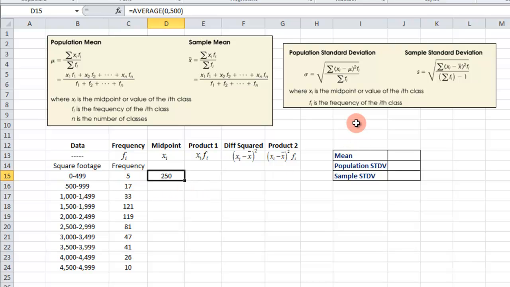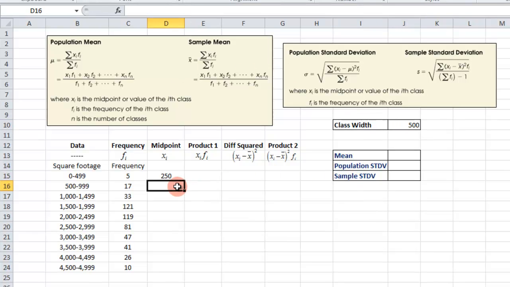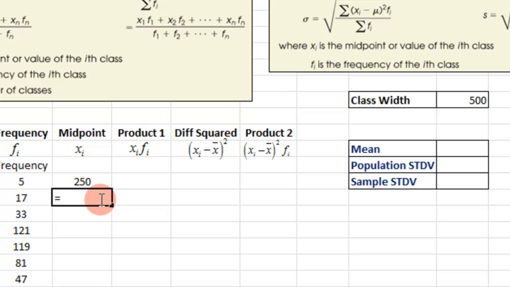So over here, I'm going to make another little box that says class width, and I put 500 in there. Okay, so the class width is 500. Now I can refer to it and say, take this box here and add 500 to it. And we want to keep it pointing to that, so I need to put a $ sign in this area right here.